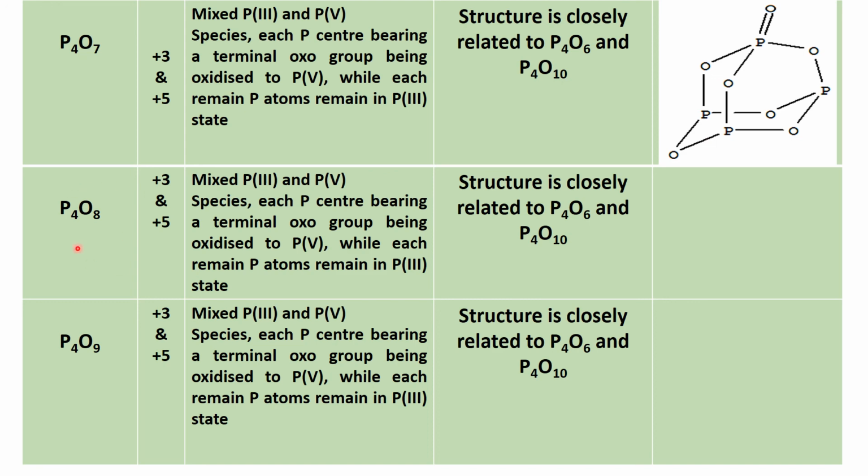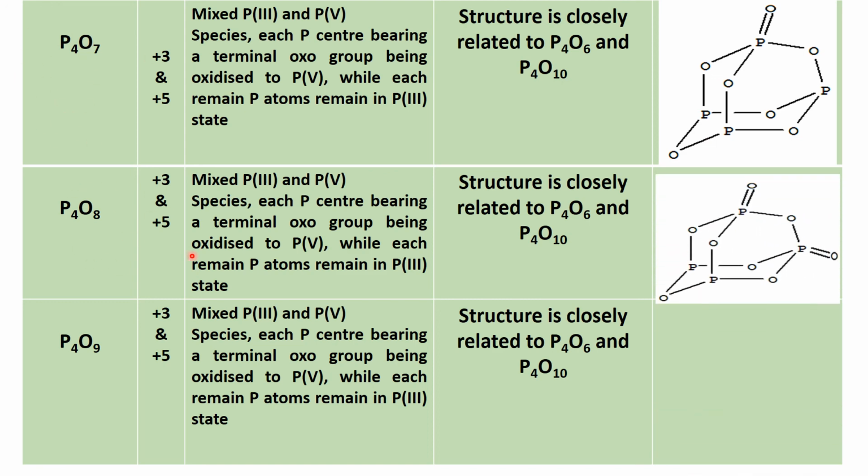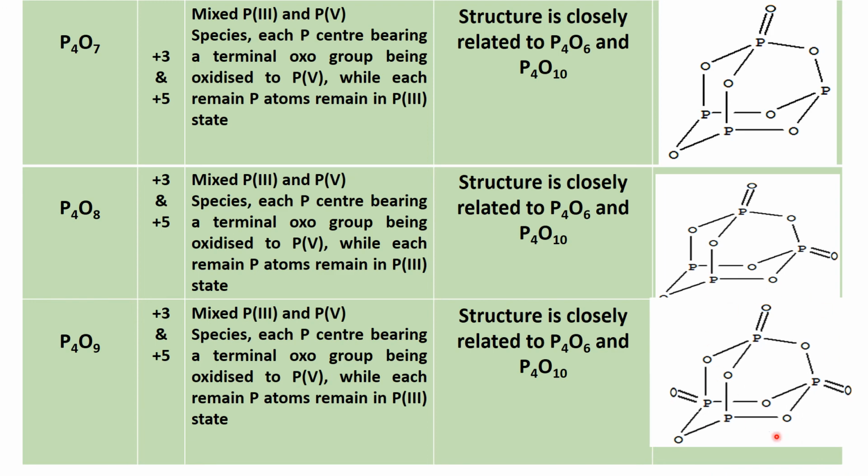P4O8 is also similar to P4O7. In this structure, there are two oxo groups, and here two phosphorus have the +5 oxidation state and the remaining two phosphorus atoms have the +3 oxidation state. And in the case of P4O9, there are three terminal oxo groups, and three phosphorus have the +5 oxidation state, and the remaining one phosphorus atom has the +3 oxidation state.